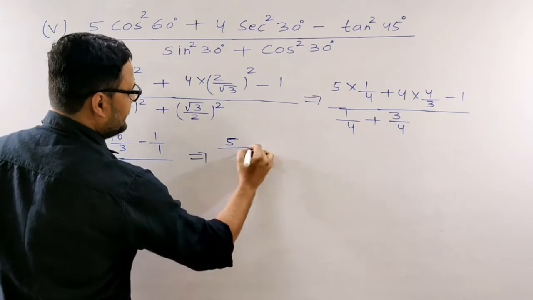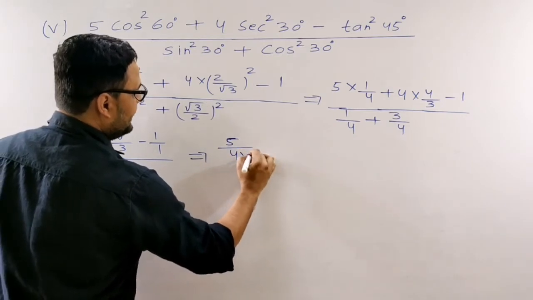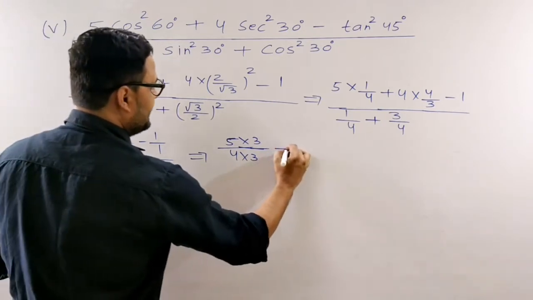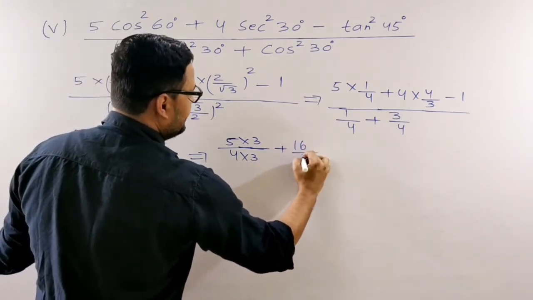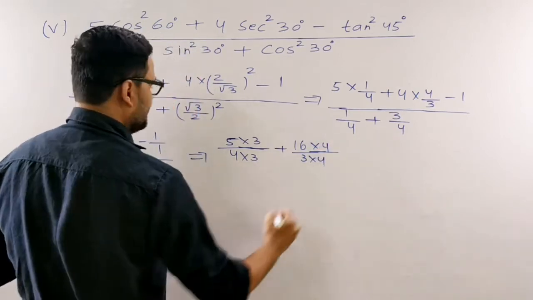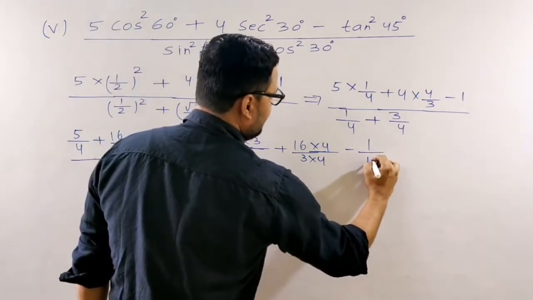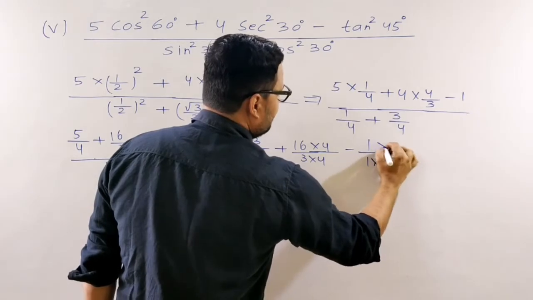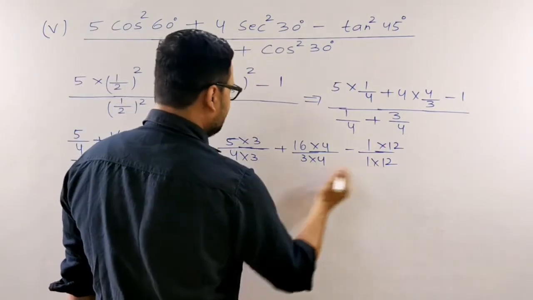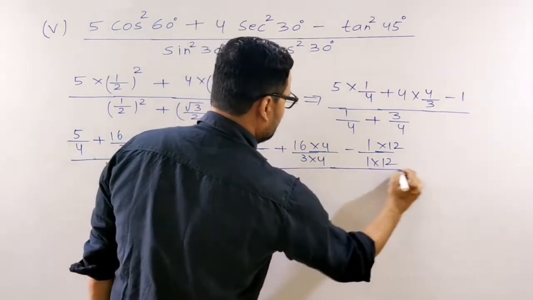Then 5 by 4 into 3 into 3 plus 16 by 3 into 4 into 4 minus 1 by 1 into 12 into 12. Now 4, 3, 12, 3, 4, 12, 1 into 12 we got 12.